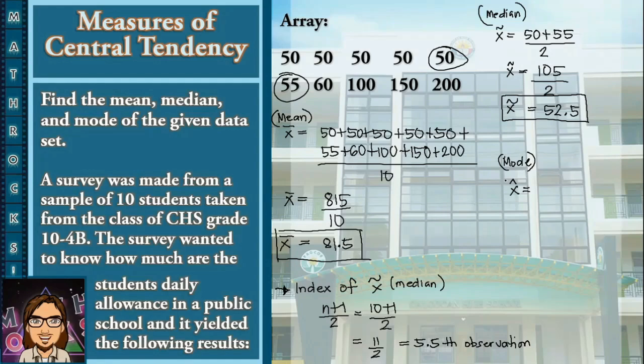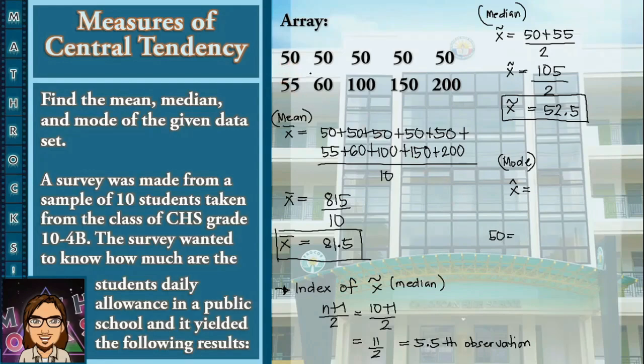And with that, we simply have to look for the number or the observation that actually has the most frequency. Sometimes when finding the frequencies of the numbers, we may use the tally approach. For example, we have an observation or a score of 50.